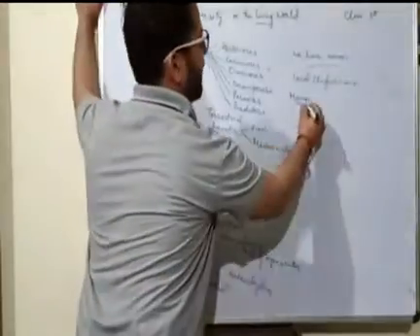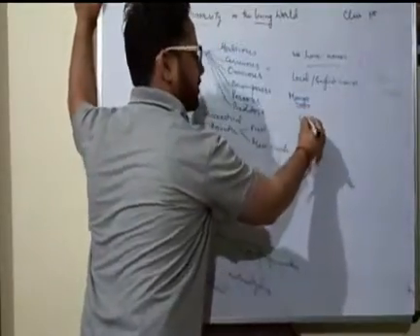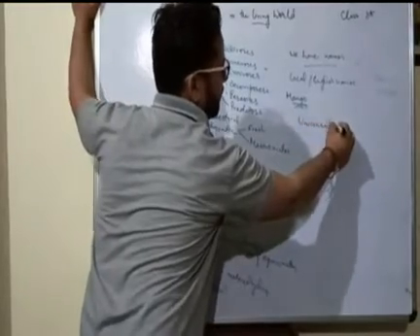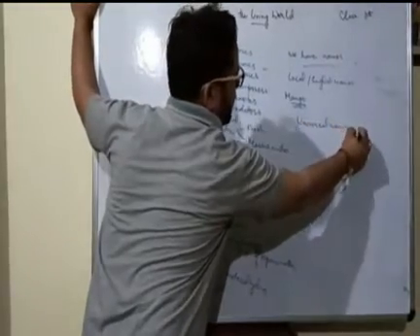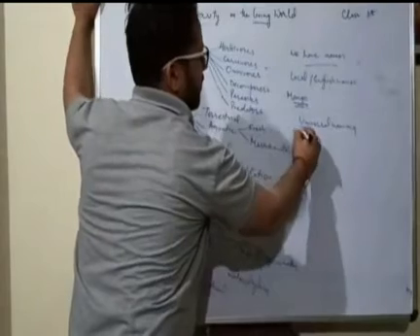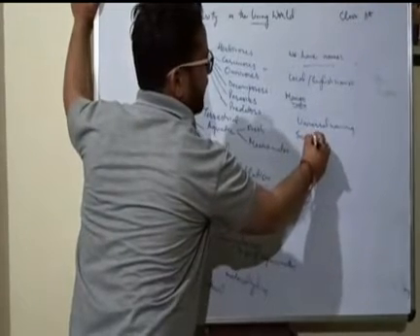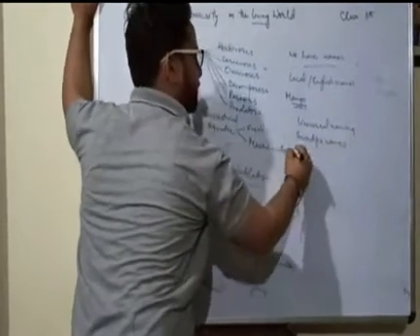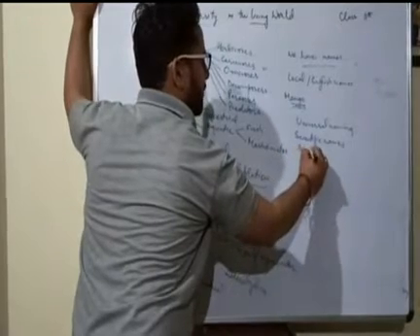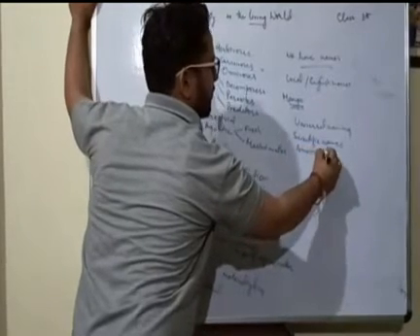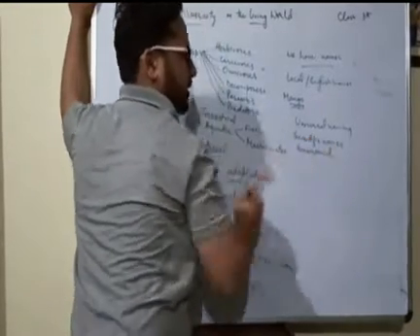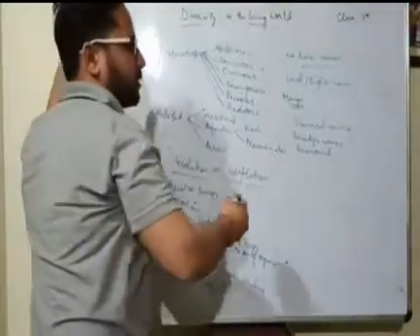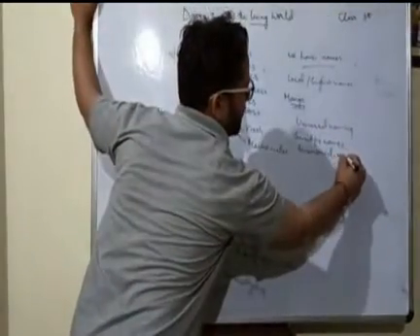So we have a universal approach in the form of universal naming, which is known as scientific names. This process of scientific naming is also known as binomial nomenclature.